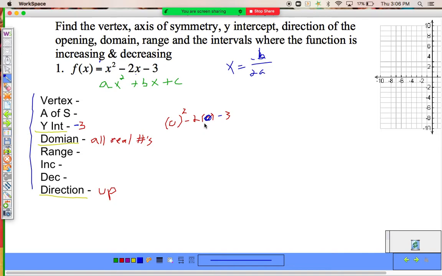We know the graph opens up because my x squared is positive. The axis of symmetry has absolutely nothing to do with what direction it opens. If my a value, whatever's in front of that x squared, is positive, it opens up. So for this problem, my a is 1, my b is -2, my c is -3.